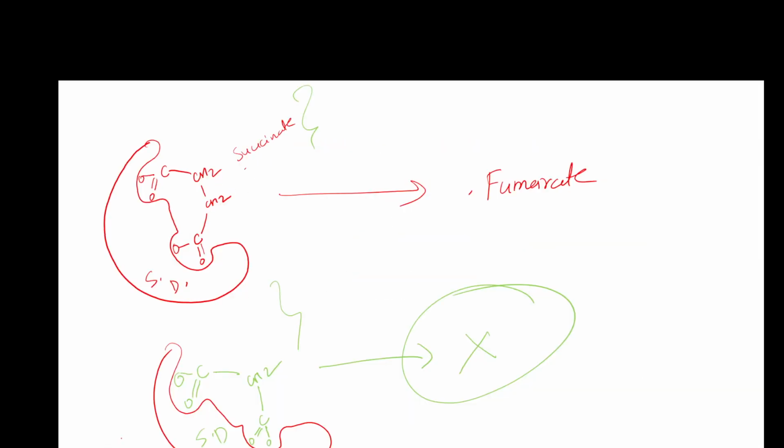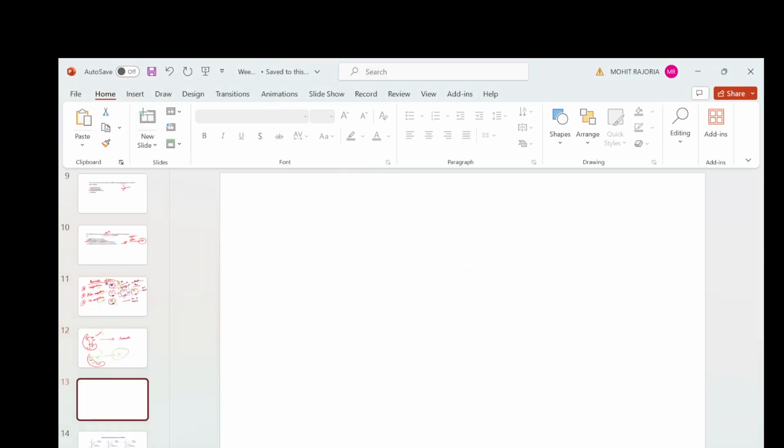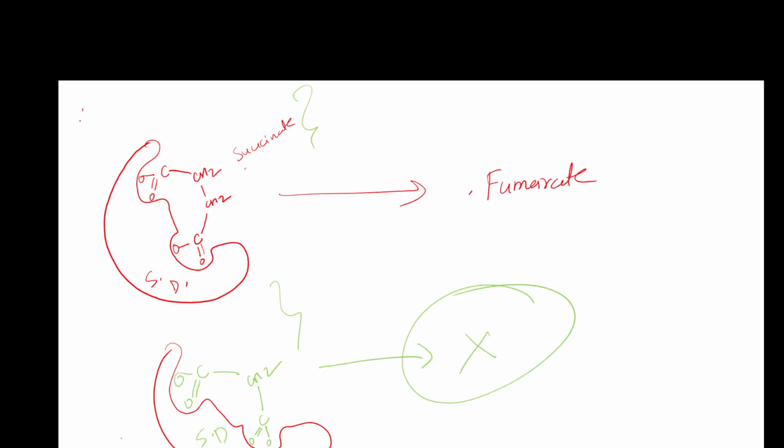In uncompetitive or non-competitive inhibition, one example is threonine.